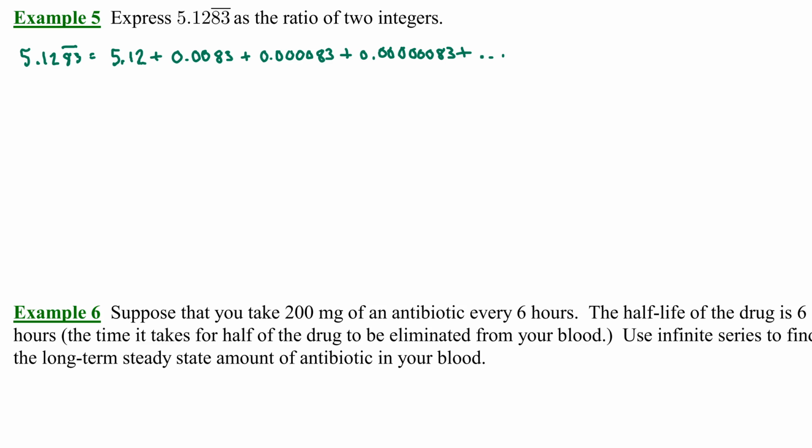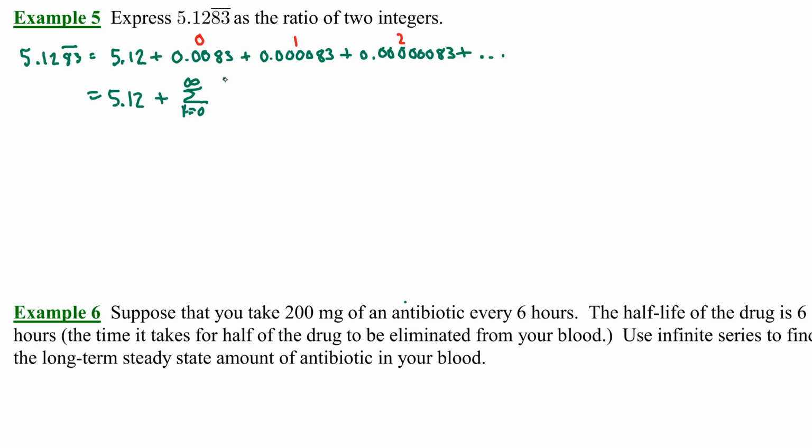The only part of this sum that really stands apart as being different is that 5.12. So we will separate that part away and we'll express the rest as a geometric series. We want to start counting from 0 and express this as an infinite pattern. So this will be our 0th term, this will be our first term, second term, so on and so forth.